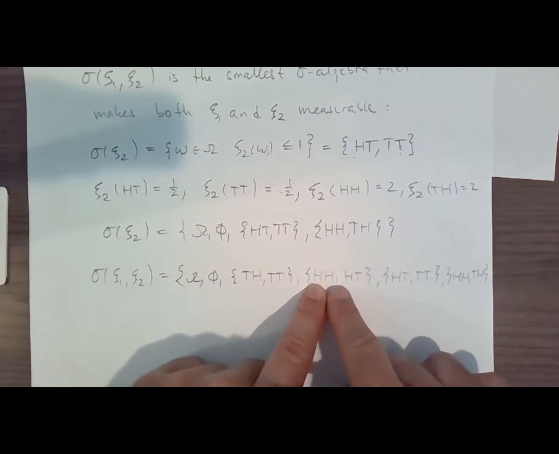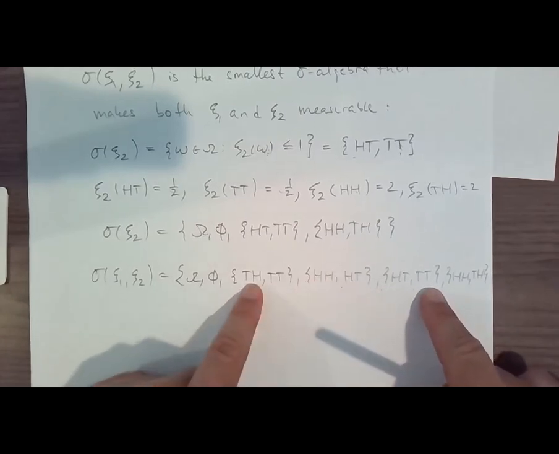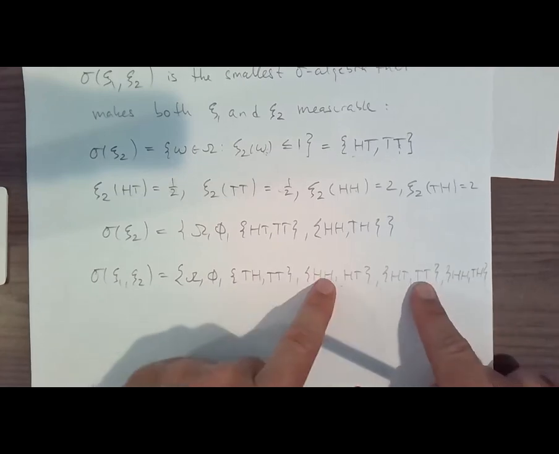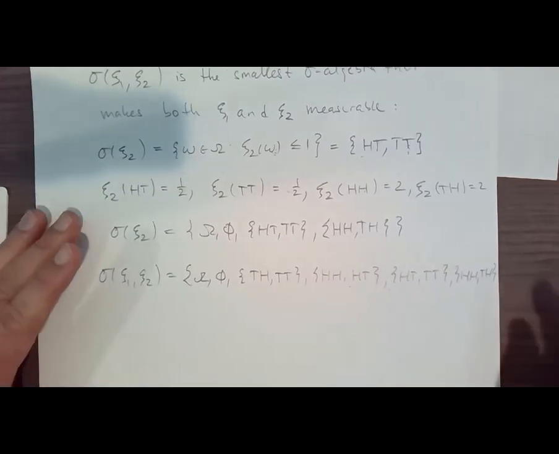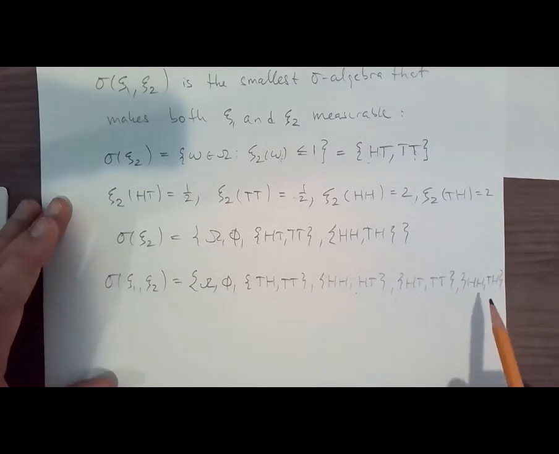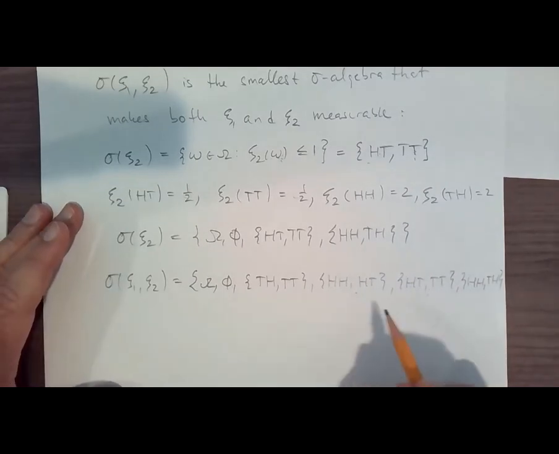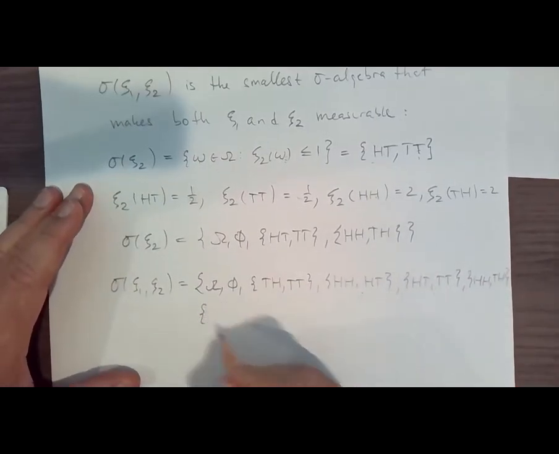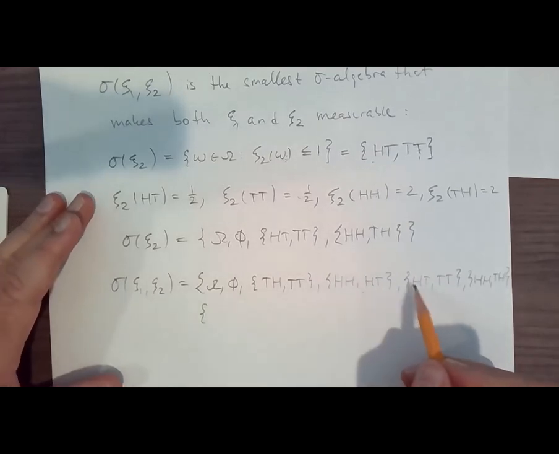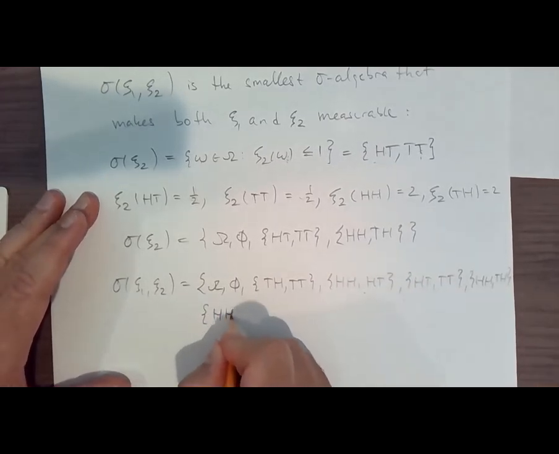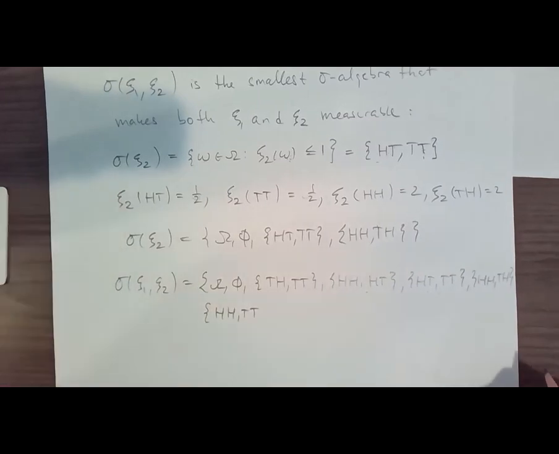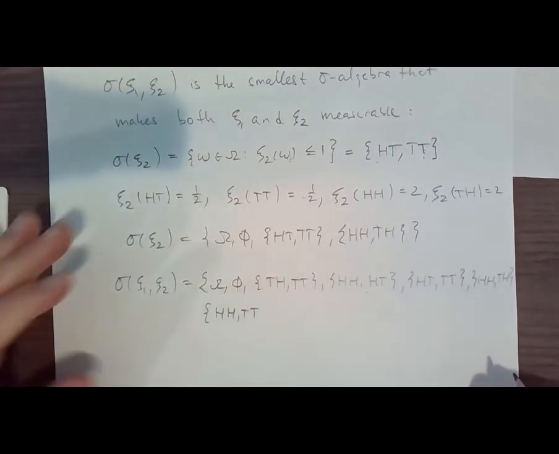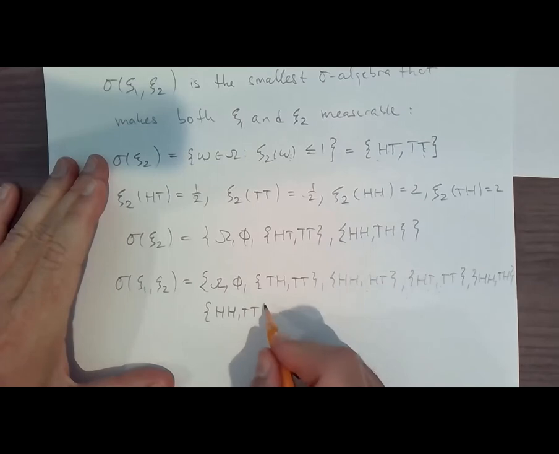So the union is HHTT, but that's nowhere to be found. So that union has to go in there. So we need to add the union of H, H, T, T. So that had to be there.